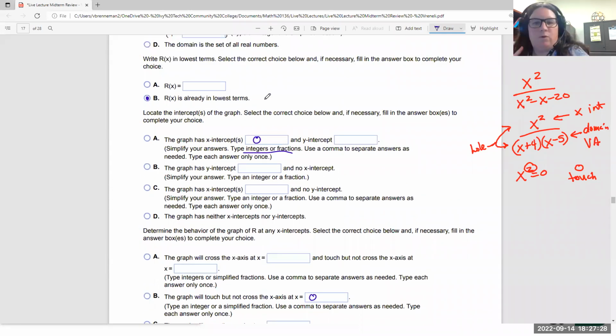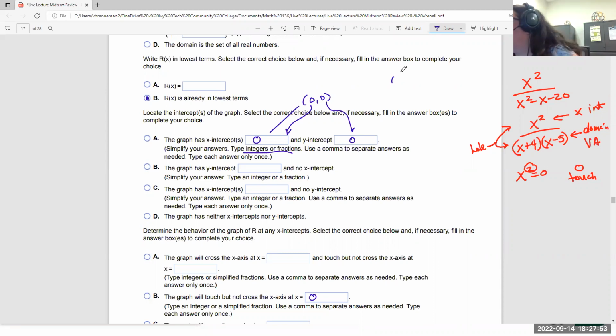Now, there's only ever one y-intercept or no y-intercept. If the x-intercept is 0, that means we have the point 0, 0, and that's both the x-intercept and the y-intercept. There could be more than one x-intercept, but there could only be one y-intercept. So once I know that there's a 0, then that's what it is. But you can also think of plugging in 0 for all the x's.